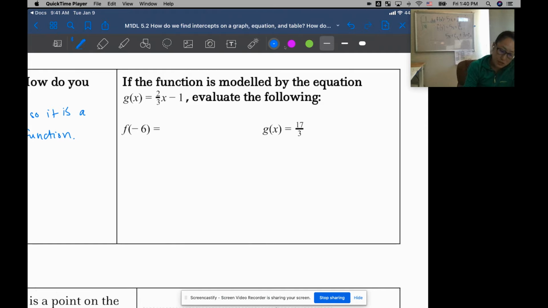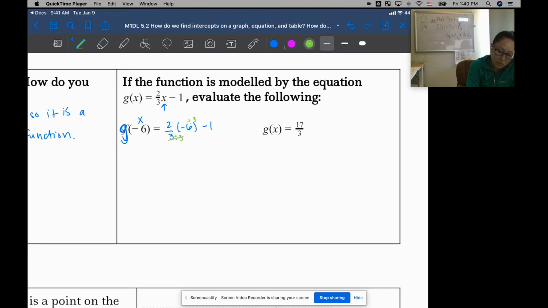Function notation. I'm going to change this to a G. So I should plug in a -6 for x, so I get 2/3, the x gets replaced with a -6, minus 1. I'm going to simplify by dividing out a 3 from the denominator and a 3 from the numerator.